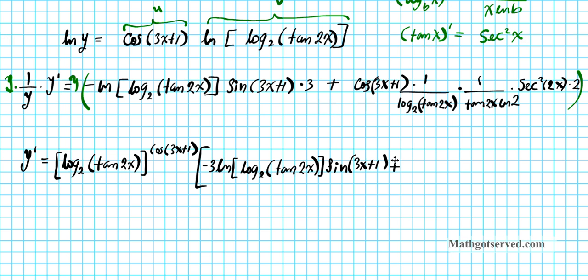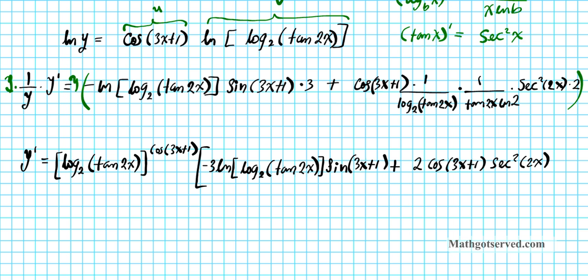And then we can compress this easily. Compress and make it look a little bit nicer. So if I compress the numerator, just multiply the numerators across, I'm going to have 2 cosine 3x plus 1 secant squared 2x.